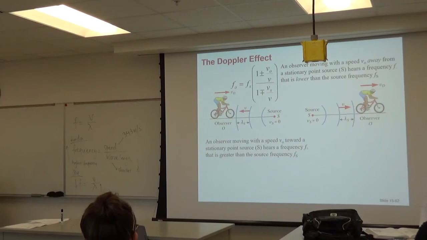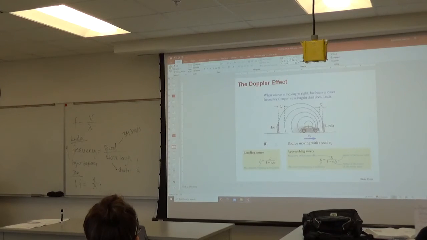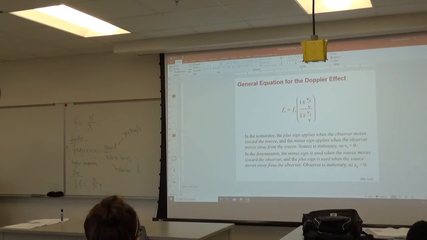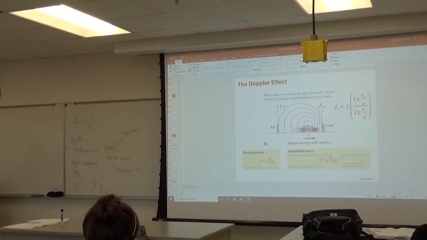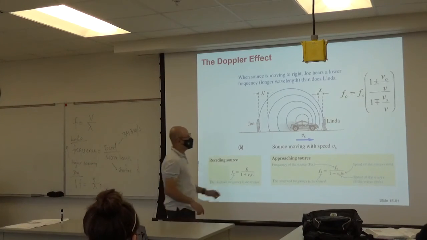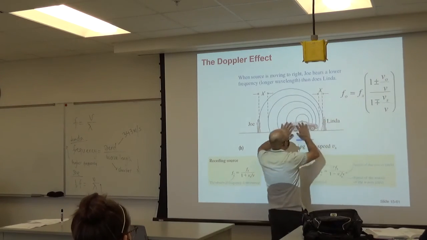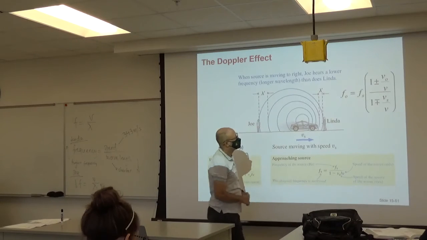And then I can use the same thing here. So in this case, we use minus sign when the source is moving towards the observer.